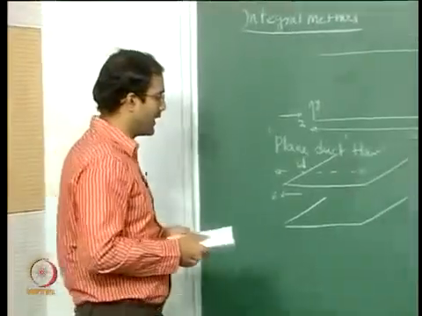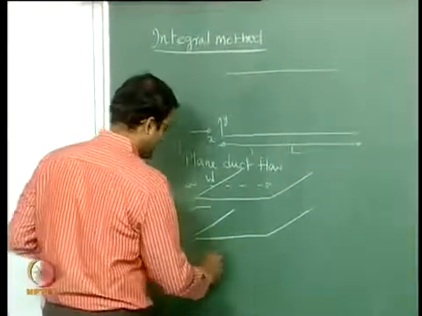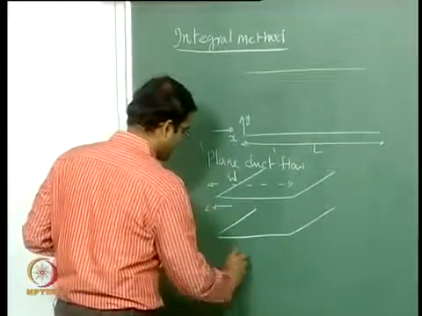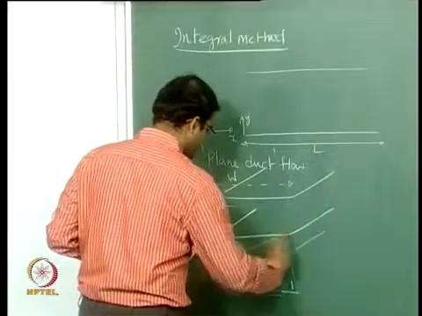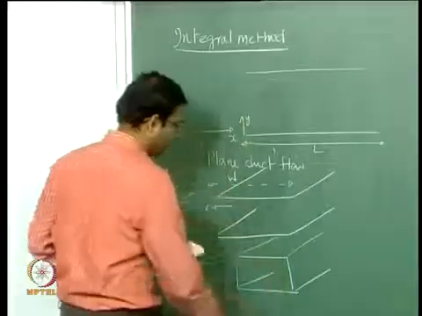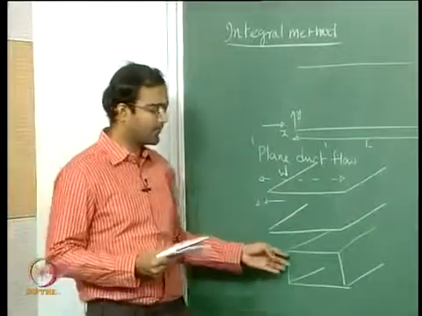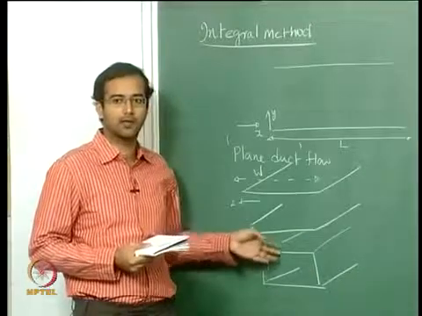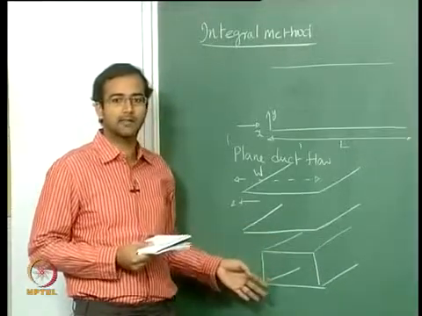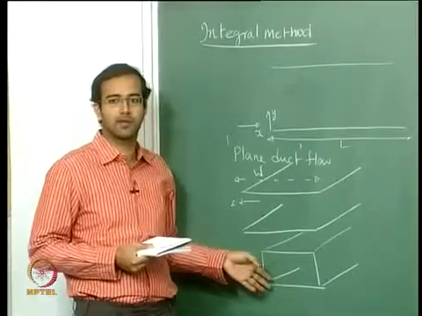Whereas if you replace this by a rectangular cross section, the boundary layers may start growing on these lateral walls also, apart from the top and bottom. Then clearly this is not a 2-dimensional flow; it becomes 3-dimensional.